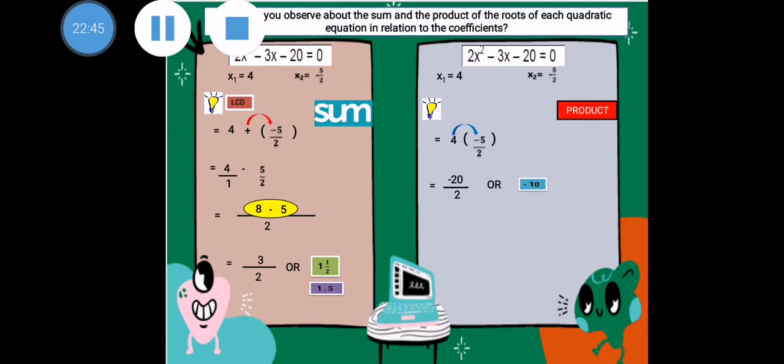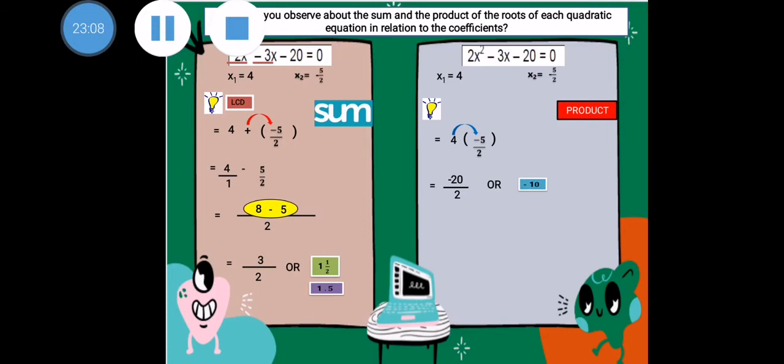Ngayon, anong napansin nyo sa relationship ni sum and product kapag i-consider natin yung quadratic term, linear, and constant. Unahin po muna natin ang sum. So, linear and quadratic term.